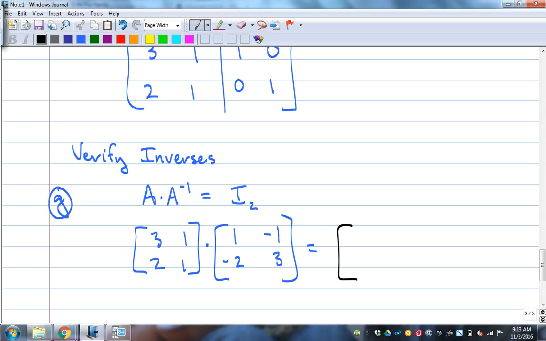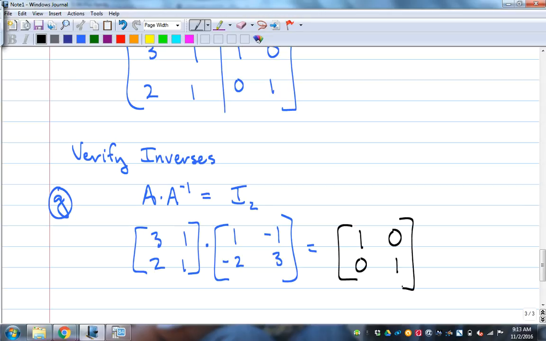3 times 1 is 3, plus 1 times -2. That would be the +1 there, and then 3, -3, +3, 0 over there. And then 2, -2, 0, and then -2, 3, 1.